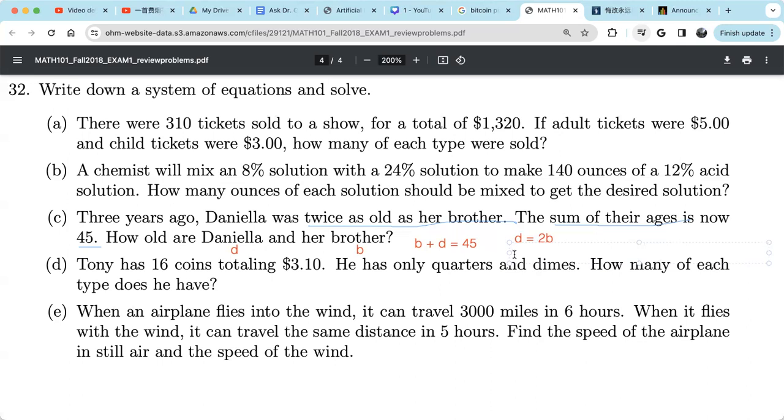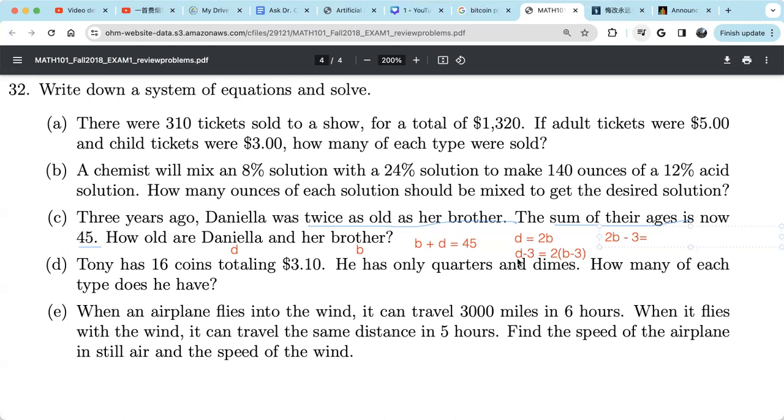So 3 years ago, Daniela is D minus 3, right? So D minus 3 equals twice as much as her brother. Her brother is B minus 3, because it's 3 years ago. So I have those two equations. Now we can substitute D. No, still not right.